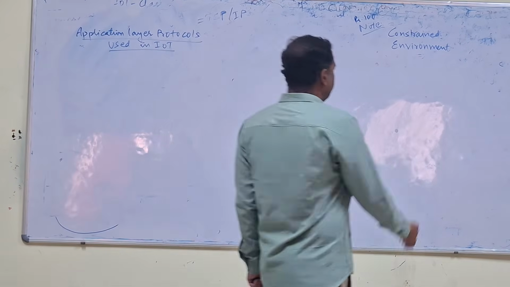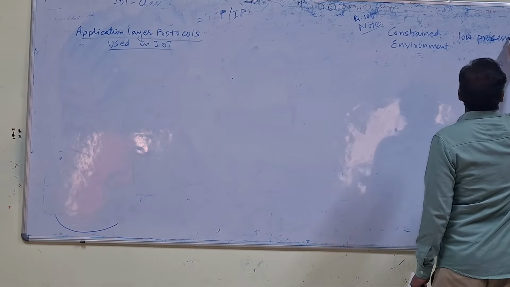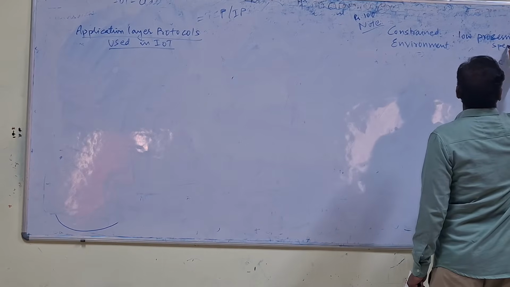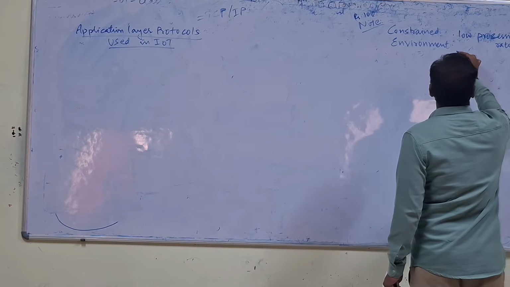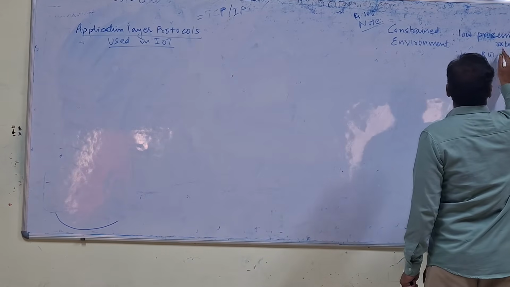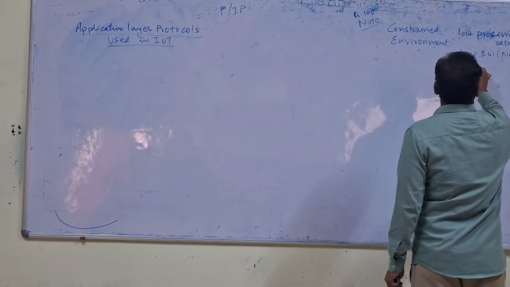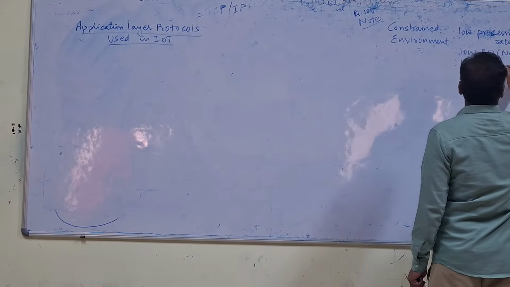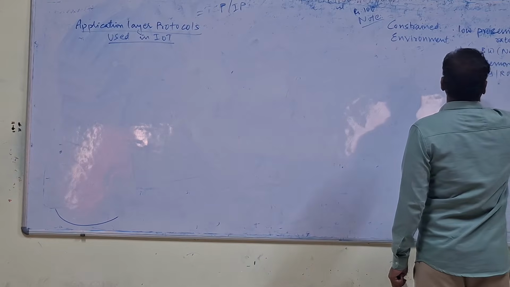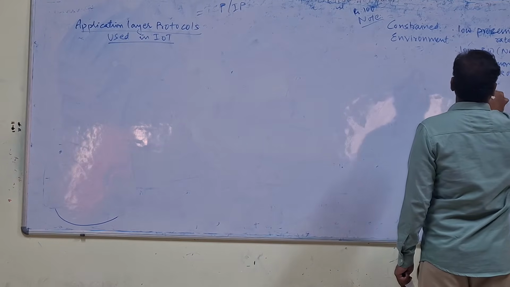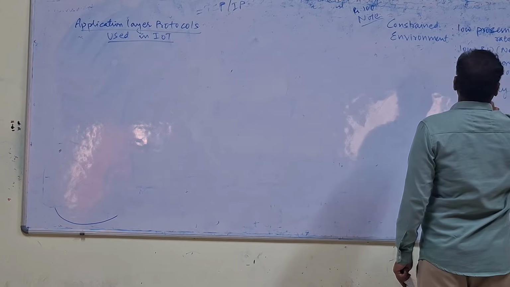Constrained environment is low processing speed, low processing rate, however you call it technically, low bandwidth, that is of the network, less memory, that is RAM, ROM, low battery backup, and technically power.